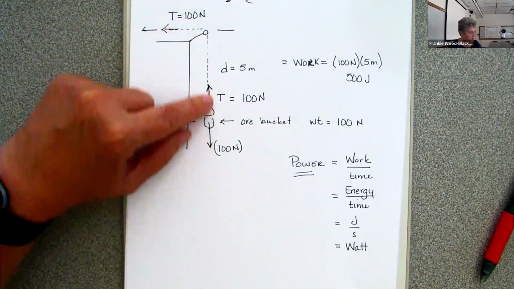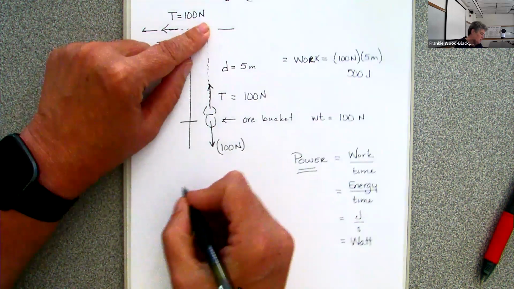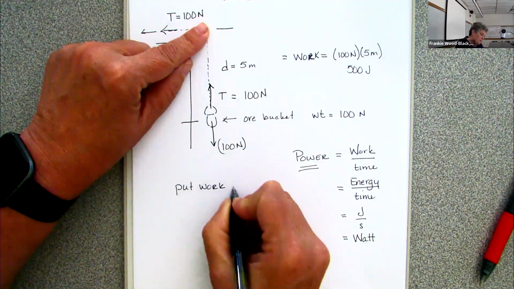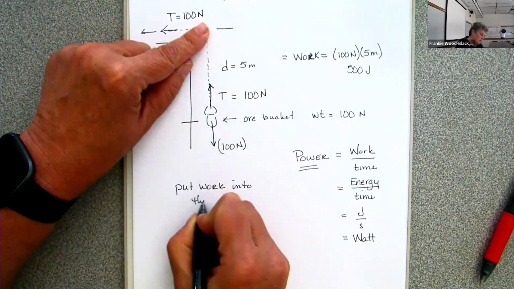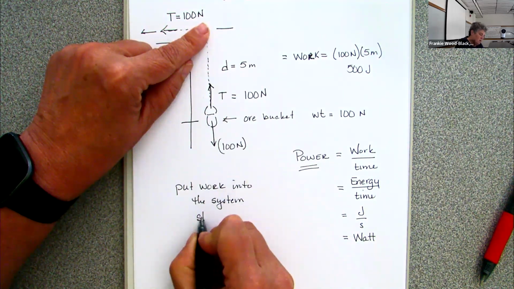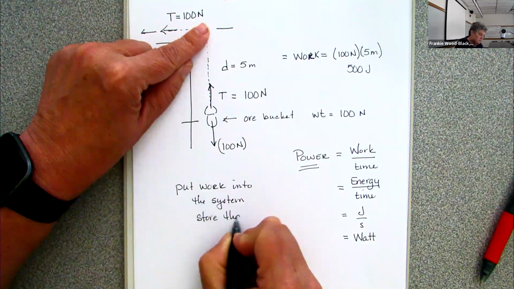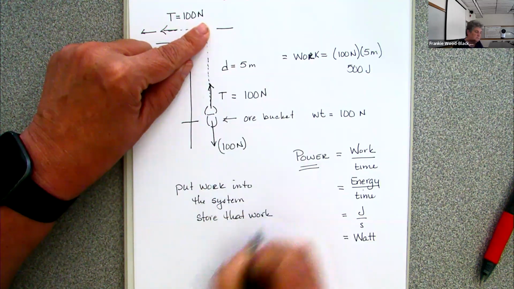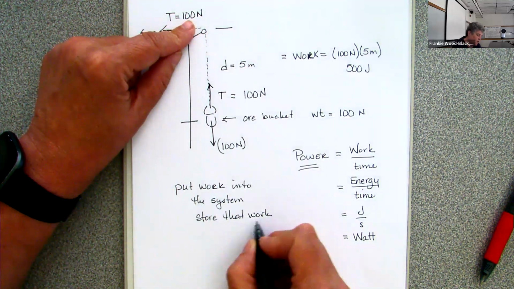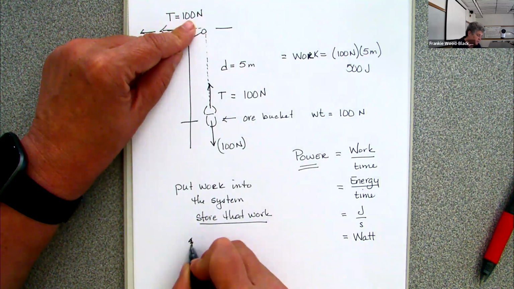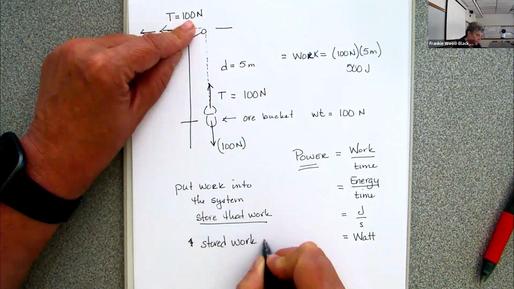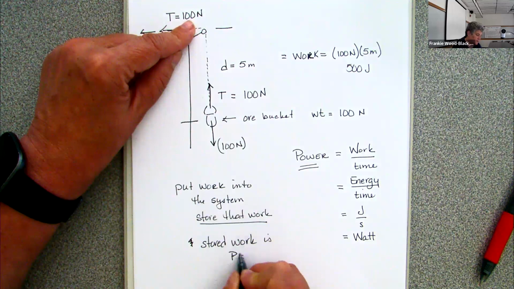So by putting work into the system, I can store that work. I can store that work, and that stored work is potential energy.